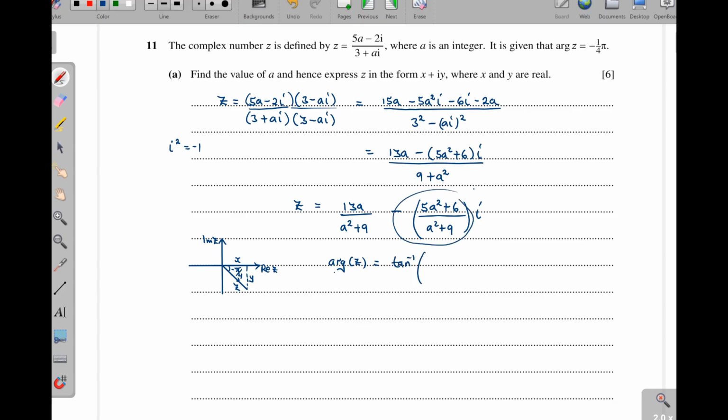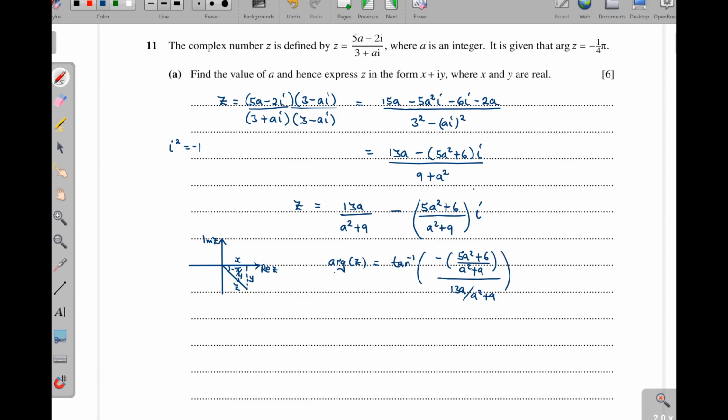Right from here, the imaginary part is this, which is 5a squared plus 6 out of a squared plus 9. Then we divide by this one here, which is 13a out of a squared plus what? 9. Not so? I think better I can write this like this, out of a squared plus 9, like that.